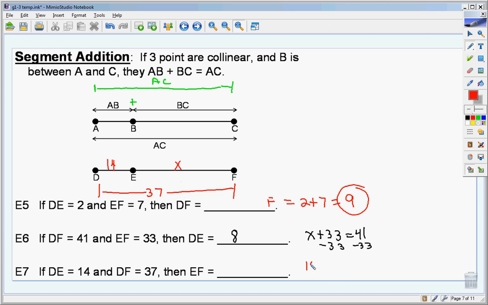Algebraically speaking, this again would be 14 plus x equals 37. Or I'm going to take 37 and subtract 14. And if I do that, I am going to get 23.